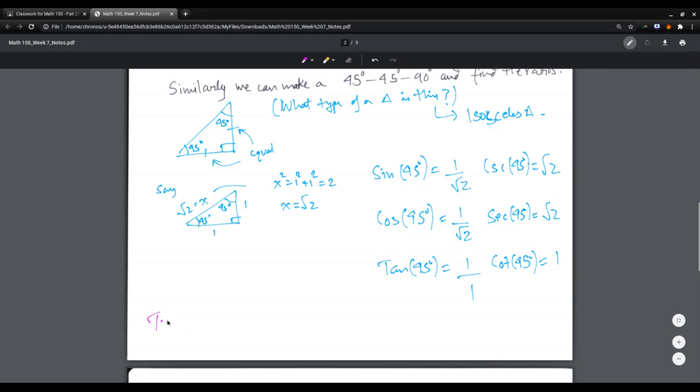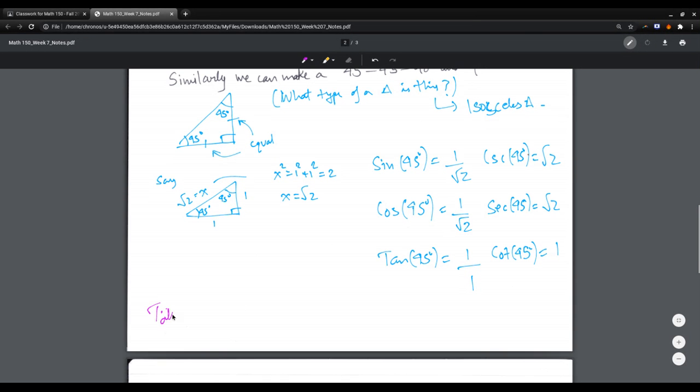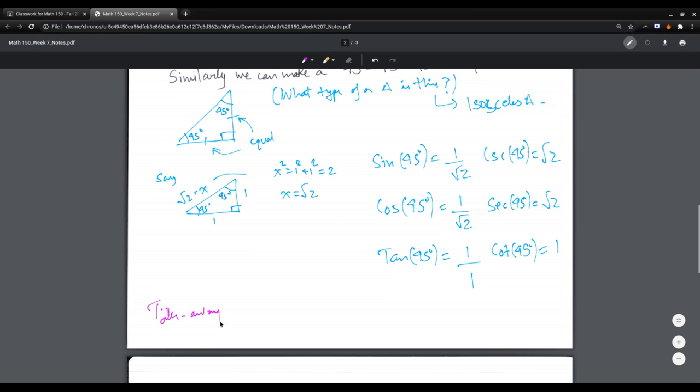So, the takeaway from this, in a sense, is we can find sine theta for various angles theta which correspond to a right triangle.